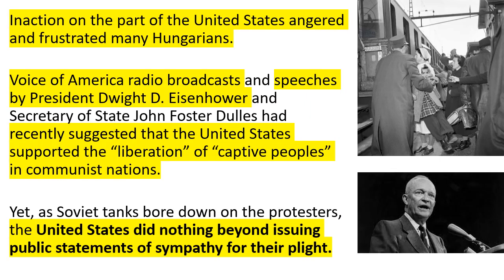What also was significant here is that the Americans did nothing, okay? Even though Eisenhower, who was the president now, had made speeches and noises suggesting that America would help any country that tried to do what Hungary was doing. They did nothing, okay? They made statements saying that they were sympathetic and that what the Russians were doing was very bad, but didn't actually do anything, okay?